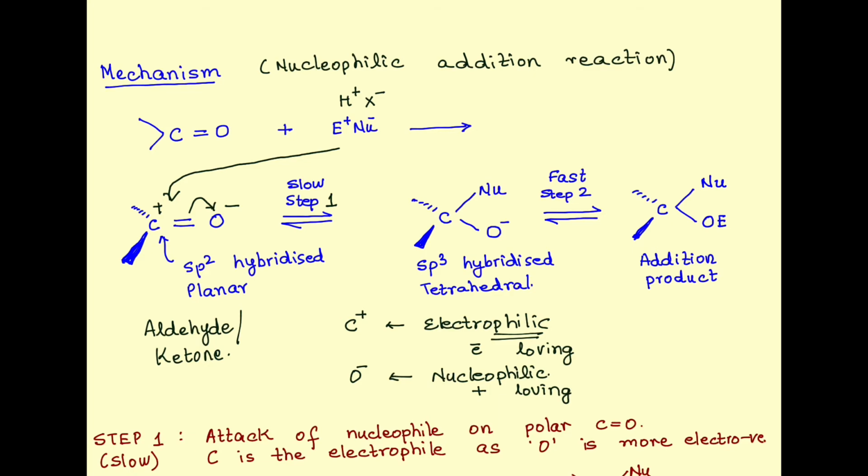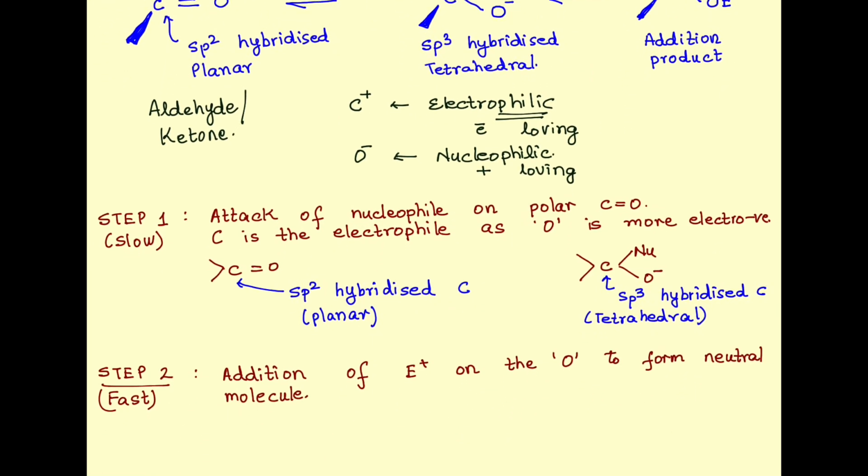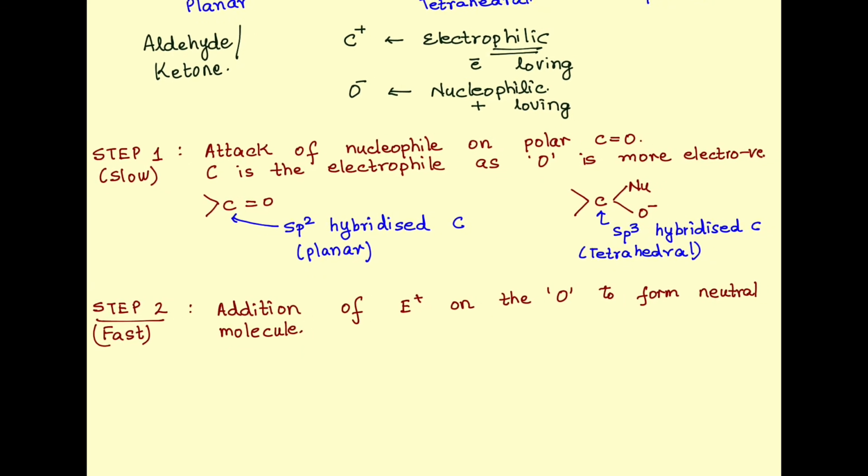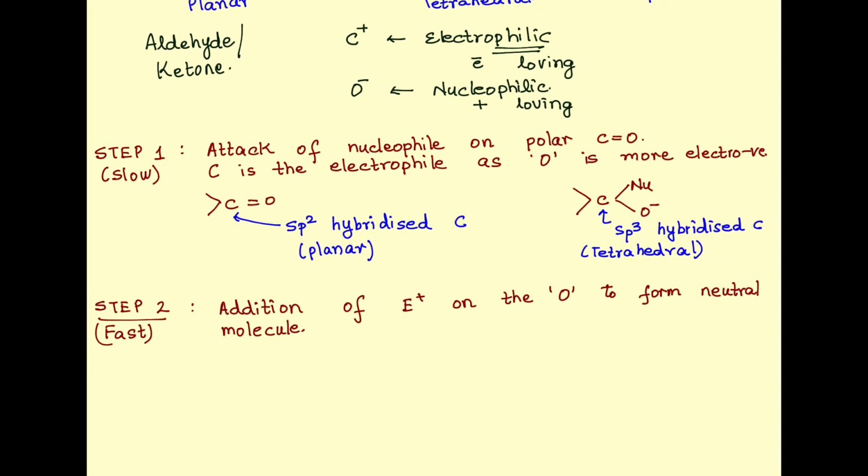If you have written this mechanism, I will share the step 1 and the step 2 details with you. You can note it down over here, so that in case you want to revise later on, you can do it by looking at these steps.